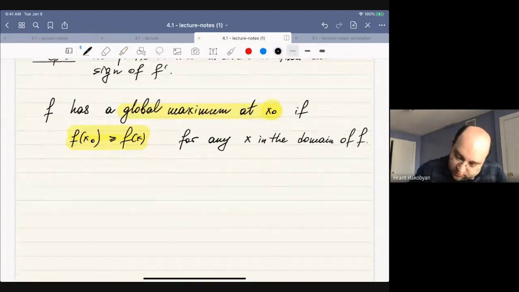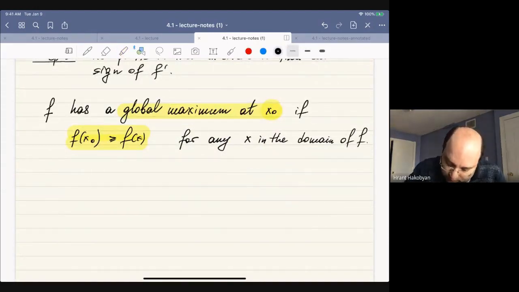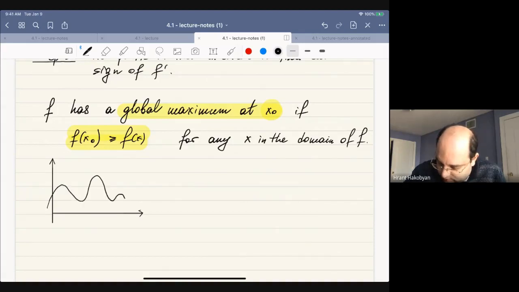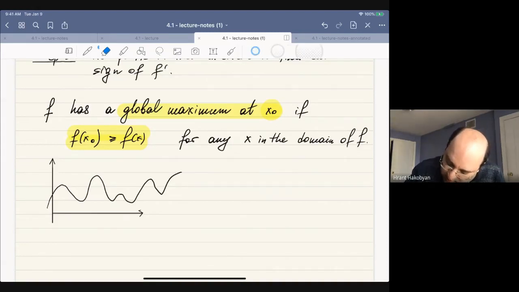So the picture would look like this. So you have your coordinates, and you want to have somehow a graph, maybe which looks like that. And actually, I'm going to erase this part here, right? So that's your graph.